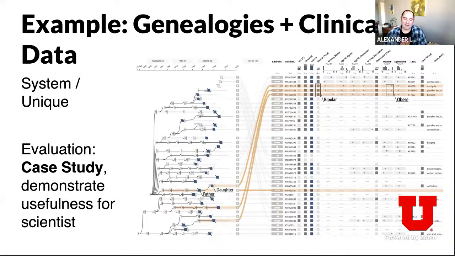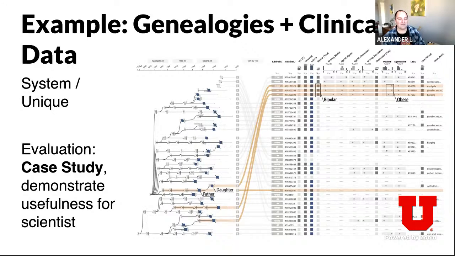On the other extreme, where we don't have a comparison, this is a tool that we built to study genealogical data and clinical data. In this case, we studied suicide in large Utah families, and here you can't really do an evaluation comparing 2 systems and measure how much faster or how much more precisely somebody answered a task, right?